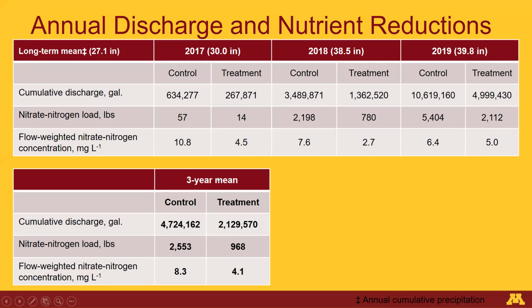So when we look at the 3-year averages, we can see that there's about a 50% reduction in cumulative discharge between the treatment that had the low-grade weir and the control that did not. We see a similar result in the nitrate nitrogen load, and we also see that flow-weighted nitrate concentration also being about half.